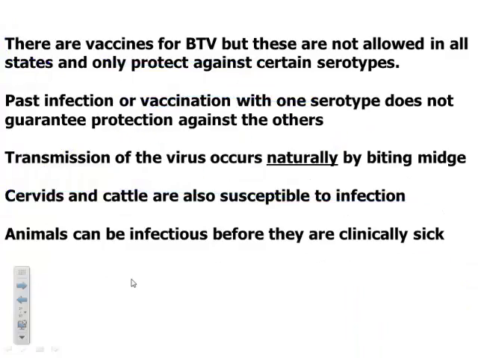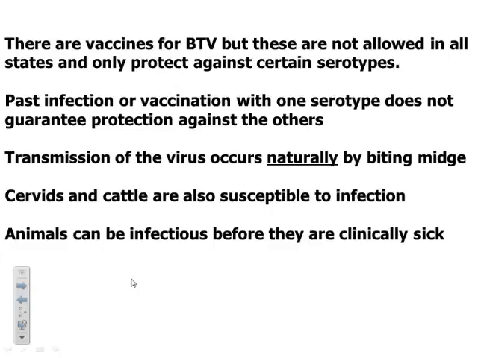Now, as a little bit of background, there's a vaccine for blue tongue, but it's state restricted. You can only use it in states with the particular virus, so it's actually a live virus vaccine. There's also a killed virus vaccine, but you can't guarantee the virus is killed, so states may say no, you can't use that vaccine here. Wyoming could say you can't use the California vaccine.